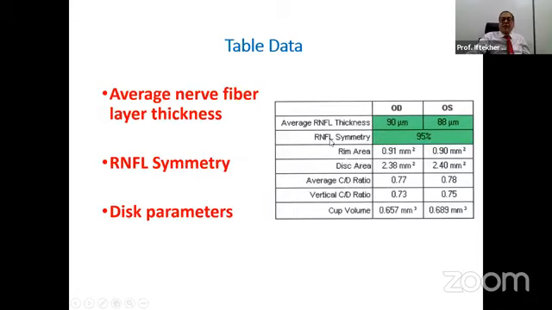And symmetry: we know both eyes' data are symmetrical, but glaucoma is an asymmetrical disease. When both eyes are affected by glaucoma, there is asymmetry, and this asymmetry is one of the criteria for glaucoma.